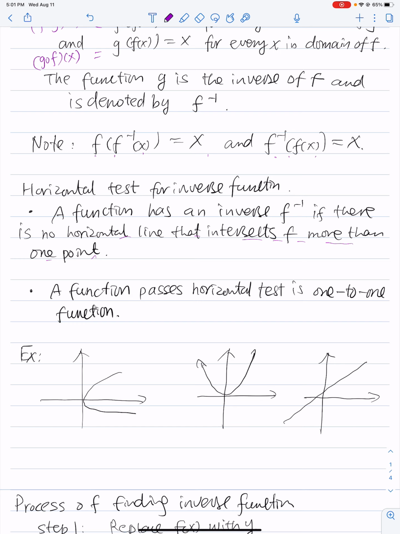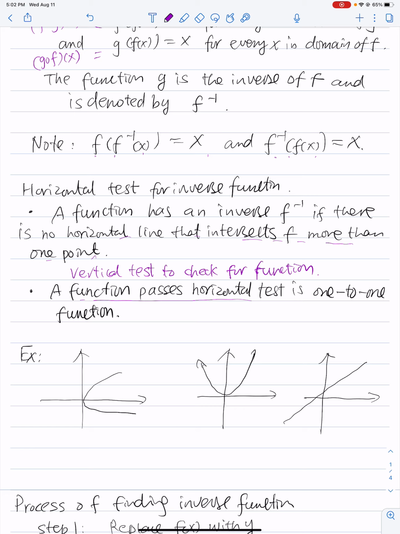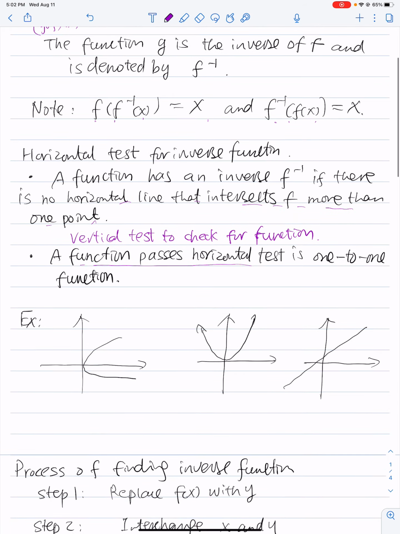We also want to review the vertical line test, which checks whether this is a function. And the horizontal test will check whether it has an inverse. A function that passes the horizontal test is called what? A one-to-one function.